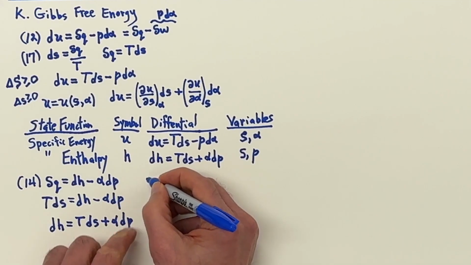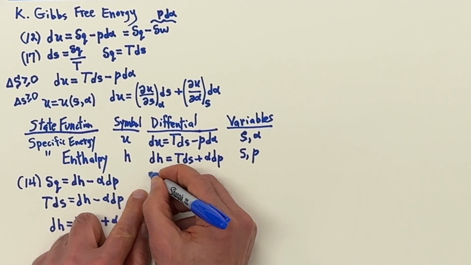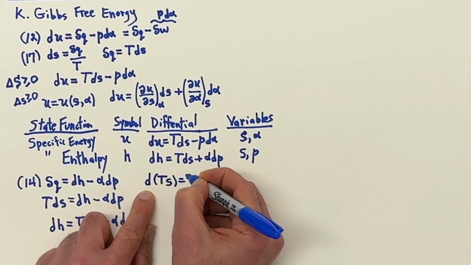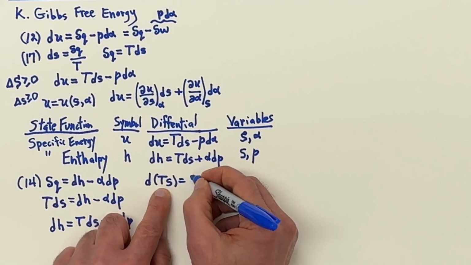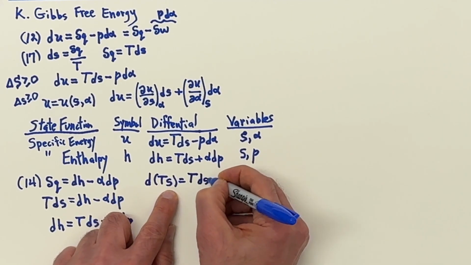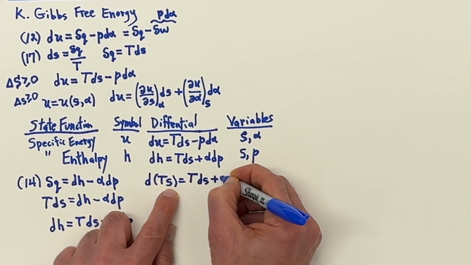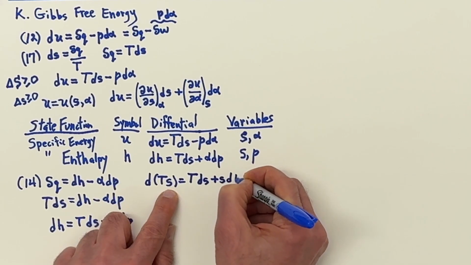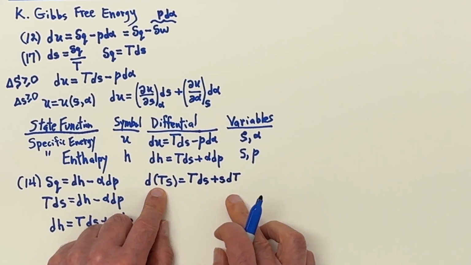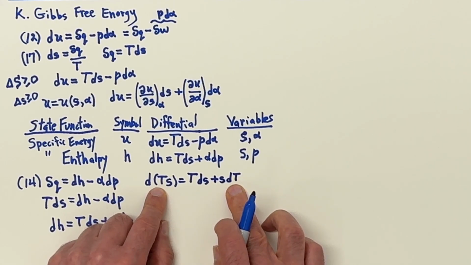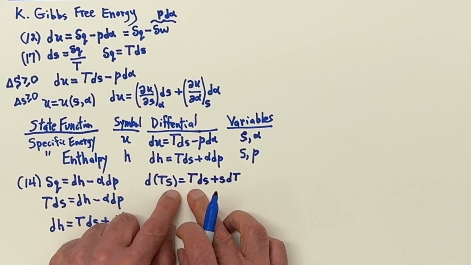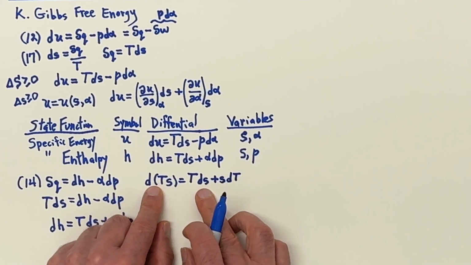Well, I can take, for example, this d of the product, ts, and we can write that as t, keeping the first one written down, and then going ds on the second, and then adding, put the s first, and do the dt. Now the product rule. So dt times s, that's the differential of the first times the second, and then here I want the differential of the second, ds times the first.